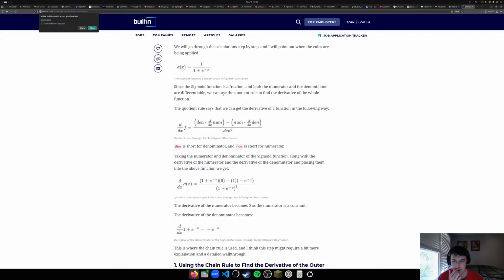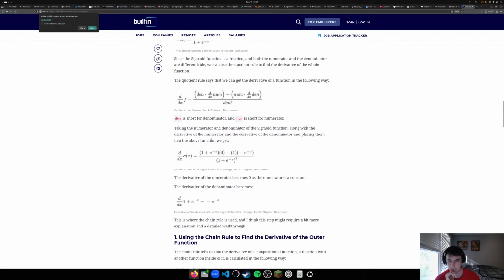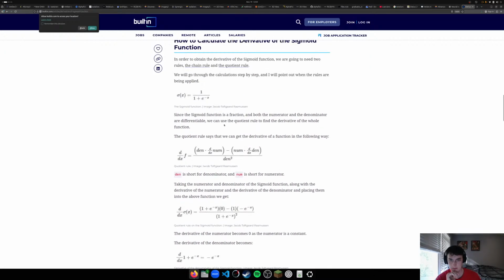Dn is short for denominator, and num short for numerator. So the denominator times the derivative of the numerator, which should be just the derivative of 1, which is 0. And then the derivative of the denominator would be that, I guess.